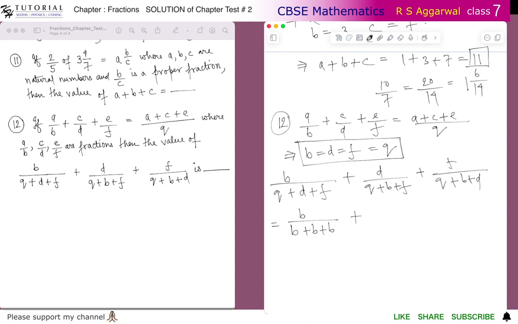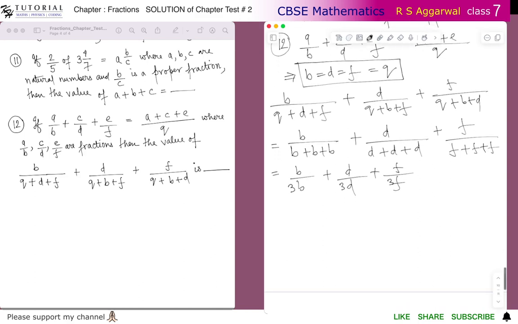Similarly the second term we can rewrite as d + d + d, and the third term as f + f + f. So now this becomes b/3b + d/3d + f/3f.